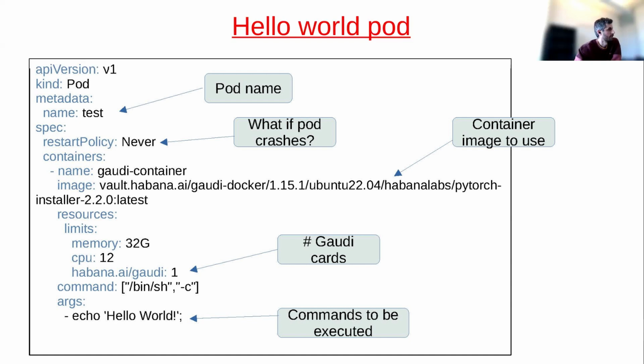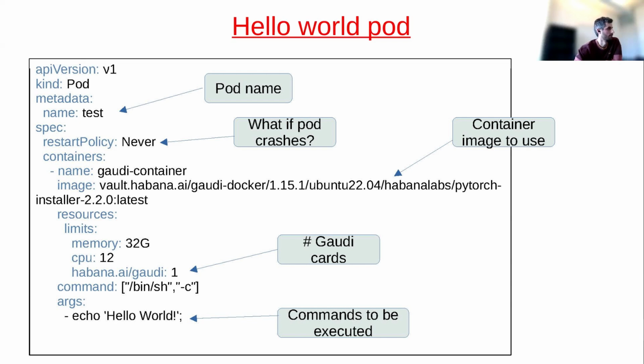The first thing is the restart policy. Kubernetes is made to run services on the cloud, and usually in those services you want them to run always. So if something goes wrong, they restart the pod, and you don't want this here. If your pod crashes for whatever reason, you don't want it to restart again and again and again.